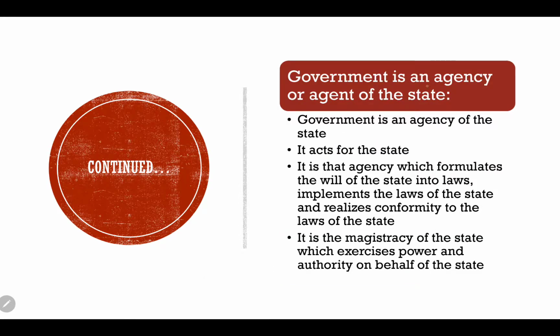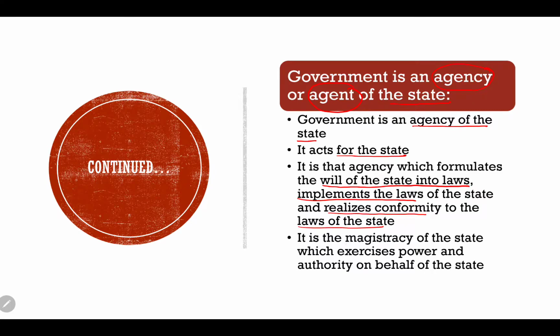So government is an agency, or we can consider it an agent, of the state. It acts for the state, okay. It is that agency which formulates the will of the state into laws, implements the laws of the state, and realizes conformity to the laws.